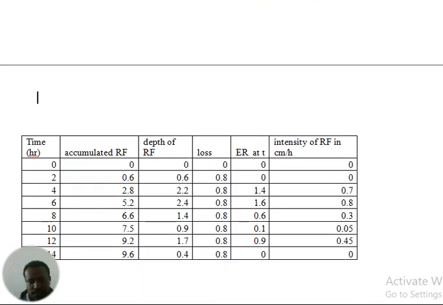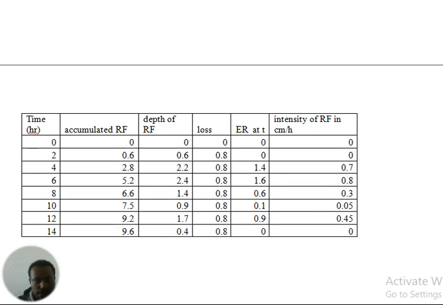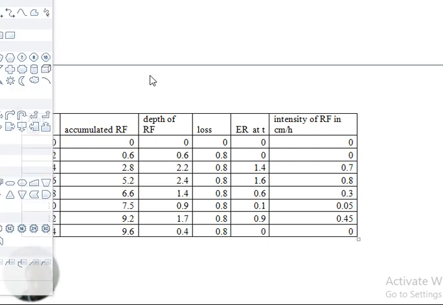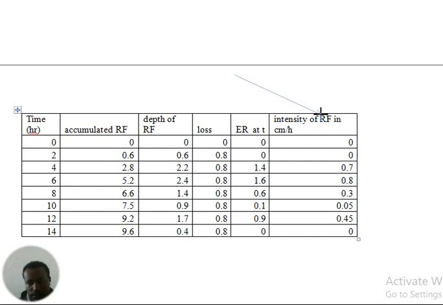So this is the intensity column. This is the intensity of rainfall, in centimeter per hour.